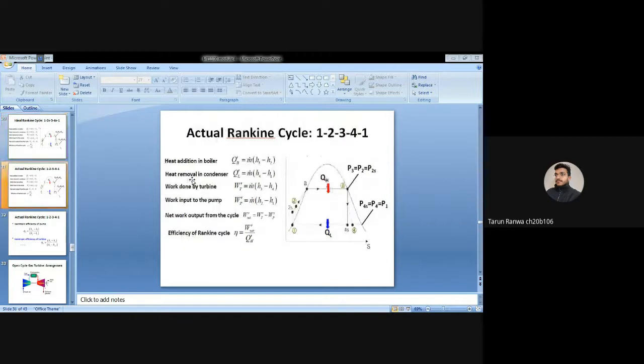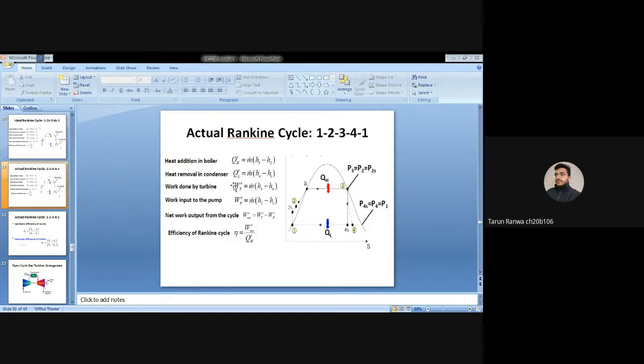Now this is the actual Rankine cycle. The actual Rankine cycle means path 1 to 2, 2 to 3, 3 to 4, and 4 to 1. Similarly, we can write heat addition in the boiler as m dot into H3 minus H2, and heat removal from the condenser like this.